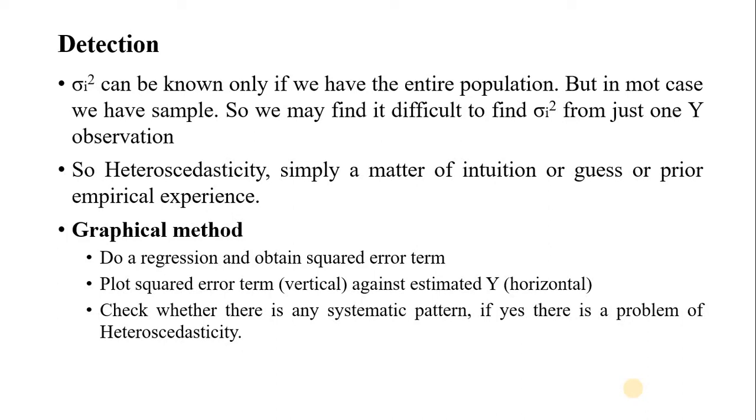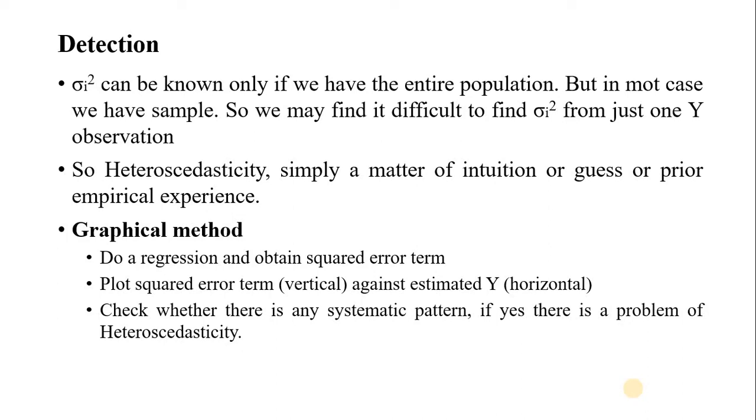But if in your sample some people are highly rich and some are very poor, then you can induce that there may be some level of heteroscedastic problem. So with samples, heteroscedasticity is simply a matter of induction or guess, or we can say something about it if we have prior empirical experience.